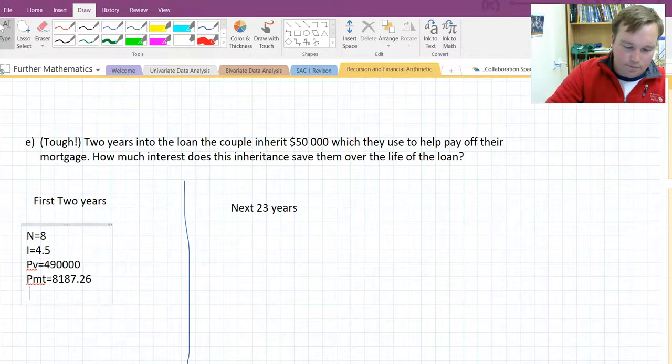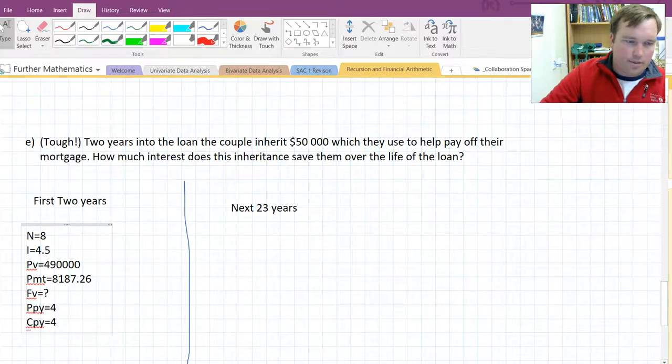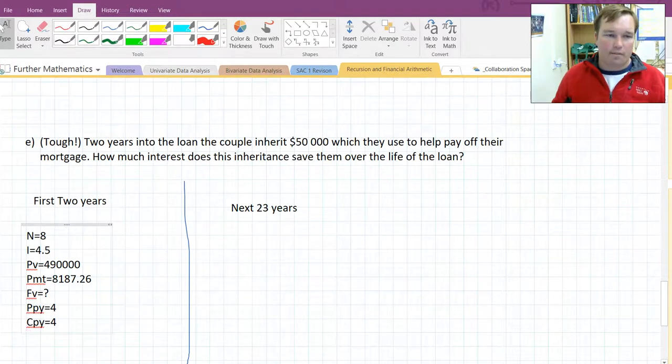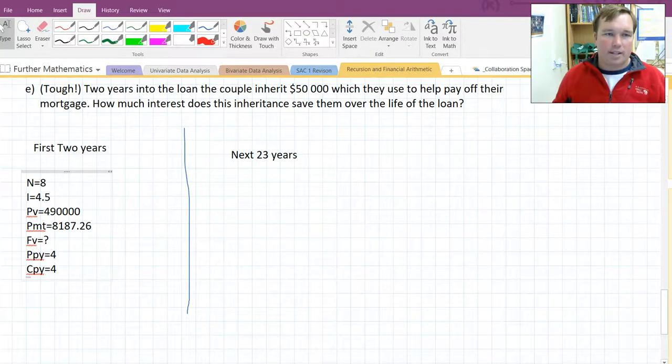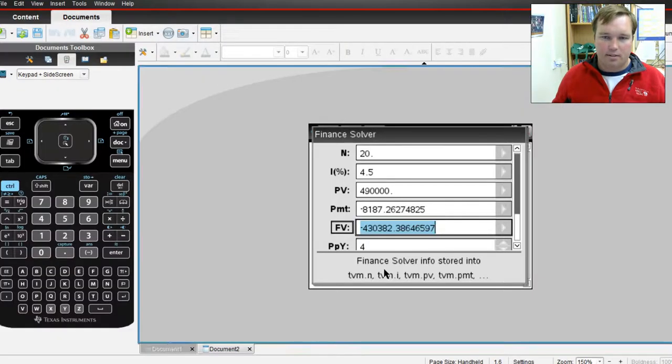Future value is what we're not sure about. PPY is 4, CPY is also 4, and that's effectively our working for the first 2 years. Doing this question in an exam, you would have to show that type of working. So let's do that working exactly.